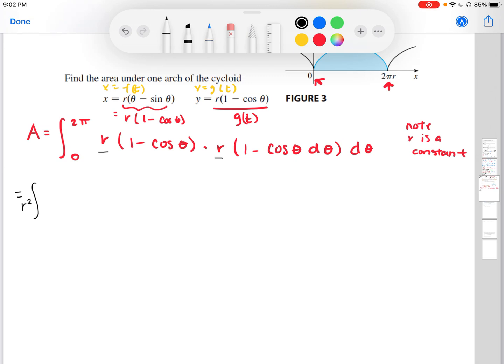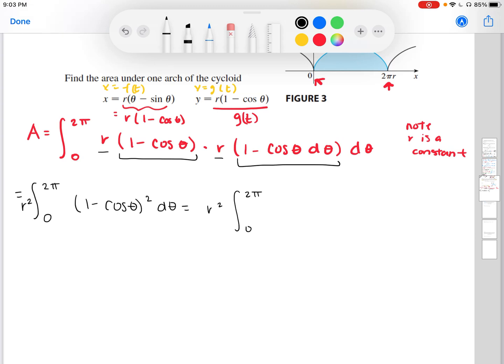So we have r squared, integral from 0 to 2 pi, and we're left with 1 minus cosine theta times 1 minus cosine theta. So we have 1 minus cosine of theta, squared, d theta.